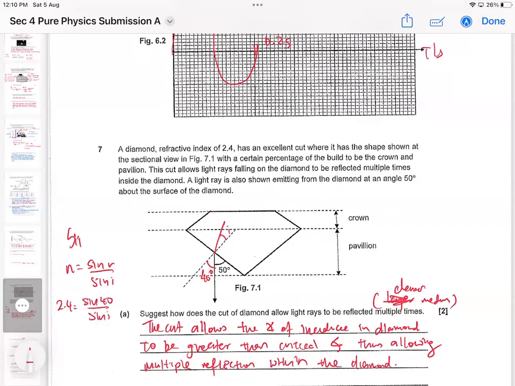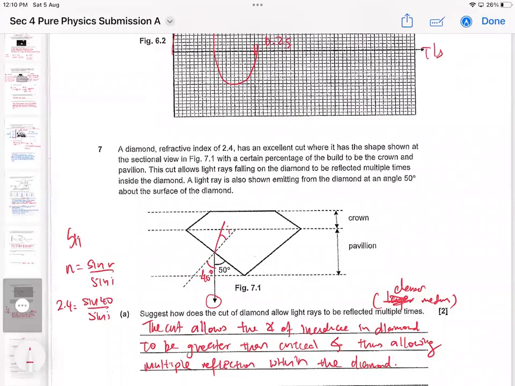Why is it sine 40? Because the light ray, in this case, shows that it comes out. You see the arrowhead? It comes out at an angle of 40. So the r is 40. So now we just want to find out what the i is. It's always big angle over small angle, r over medium. Okay, that's all for this part here.